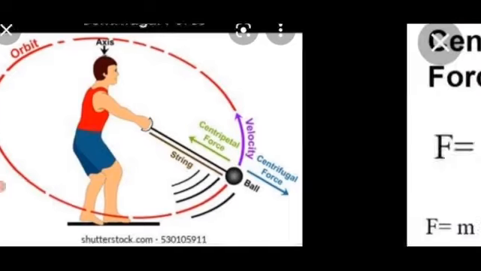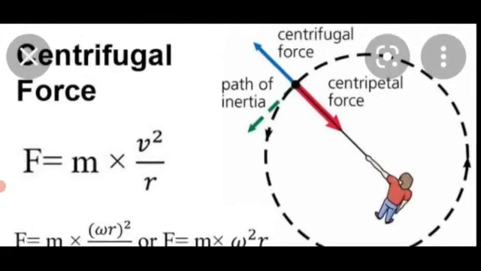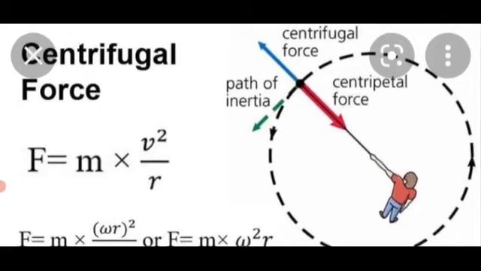See the next diagram, you understood. A man tied a stone. So two different forces are acting. One is the centripetal and the other one is the centrifugal force. The centrifugal force is not towards the origin.